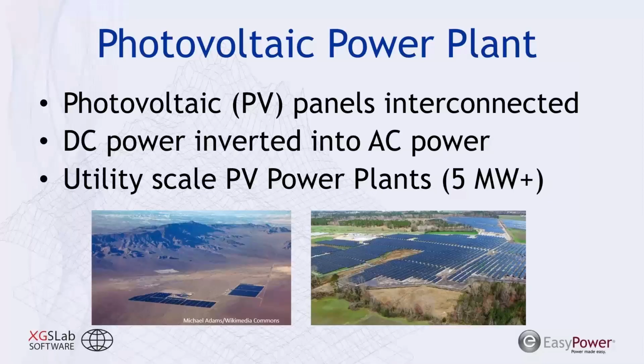We become a utility scale photovoltaic power plant once we cross that 5 megawatt threshold. At this time, 5 megawatts is a relatively small system. There are several 20, 40, 100 megawatts, some as large as 300 to 500 megawatts being installed in the US.